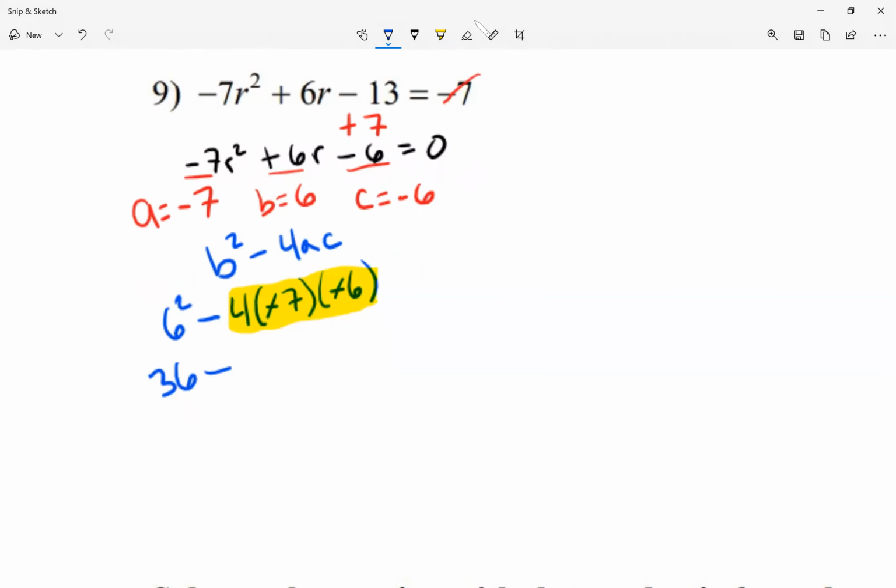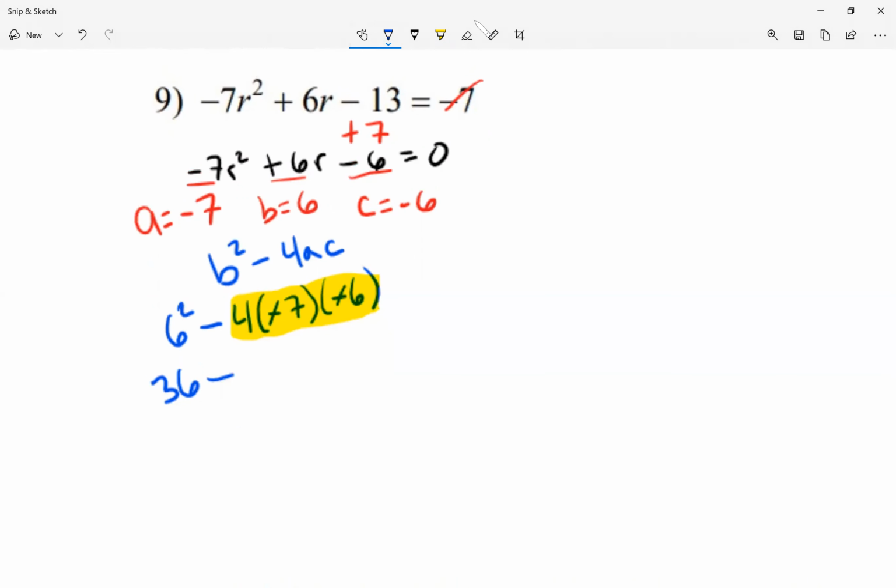So now 36 minus 168, right? Use a calculator if necessary. I have that is negative 132. So if I asked you, what's the discriminant? You will say negative 132.